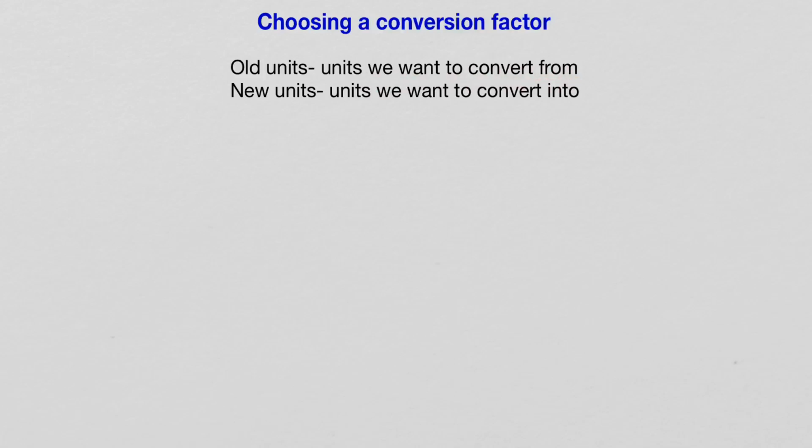Let's say the original units of the quantity were meters or kilometers or meters per second or kilometers per hour or something else. And we want to change those units to some other units, which we will call the new units. Those will be the units that we want to convert into. So again, old units are the units we want to convert from, and new units are the units we want to convert into.